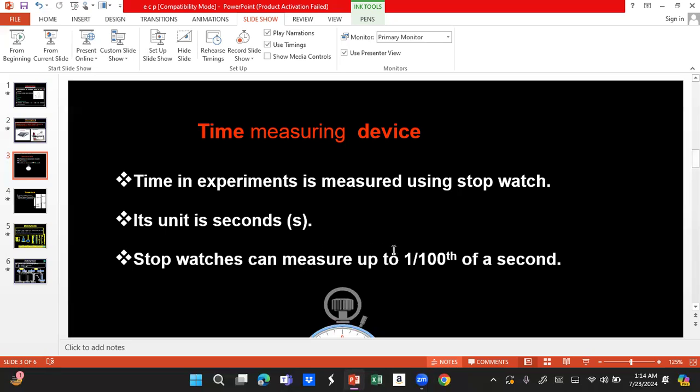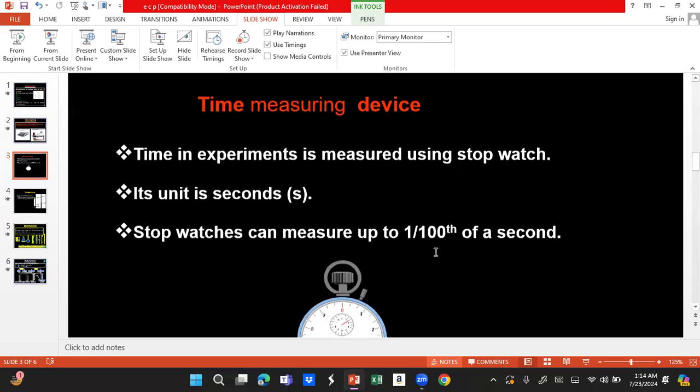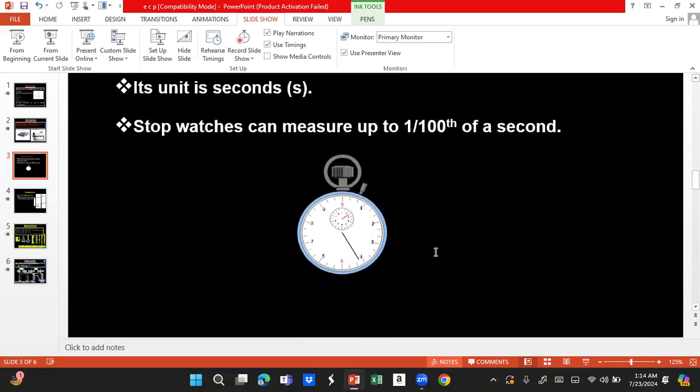Hope you understand. Now see the diagram. In the diagram, you can see there are two scales and two pointers. This small dial is in minutes. The larger dial is in seconds.